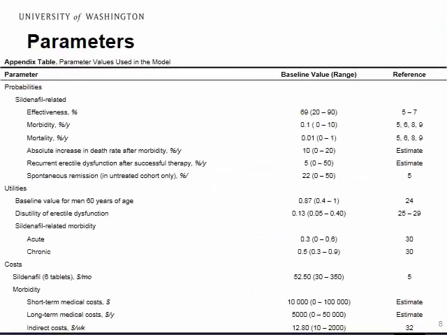Briefly, let's look at the parameters that they had, and this is in their parameters table in the paper, and I added this paper to your reading list. But let's look maybe at the utilities. The baseline value for men with 60 years of age was 0.87, so they are not 100. Then there was a disutility of erectile dysfunction, so 0.13. Now remember that they are using a disutility, which is a decrement from a state of health.